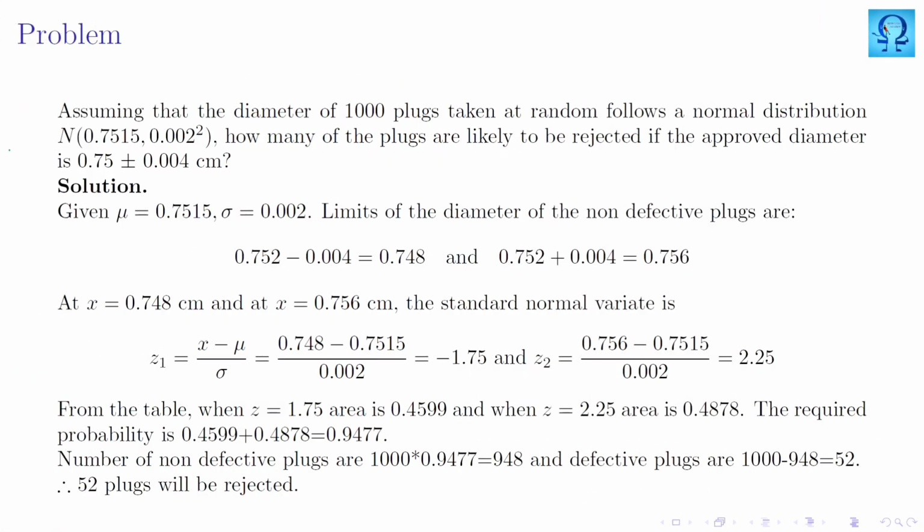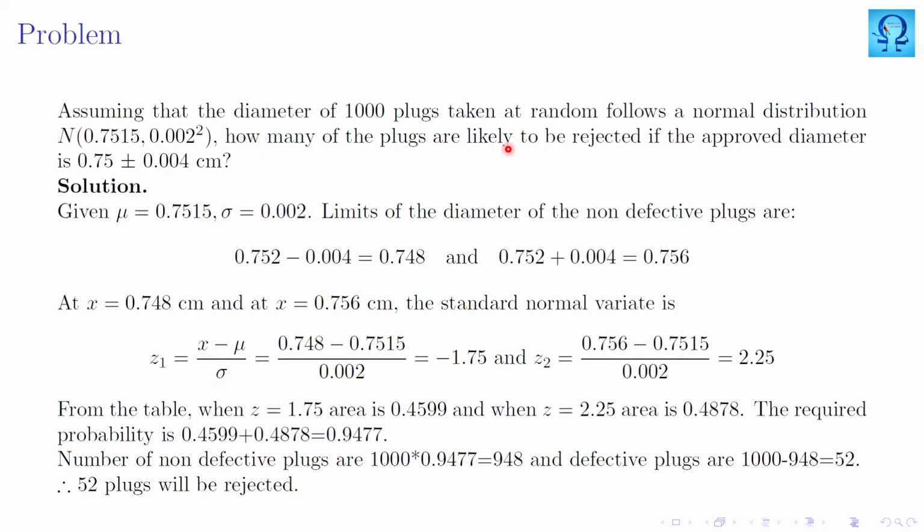Now we have another problem. Here it is said, assuming the diameter of 1000 plugs taken at random follows a normal distribution, so the assumption is completely fine, with mean 0.7515 and variance 0.0002 squared.